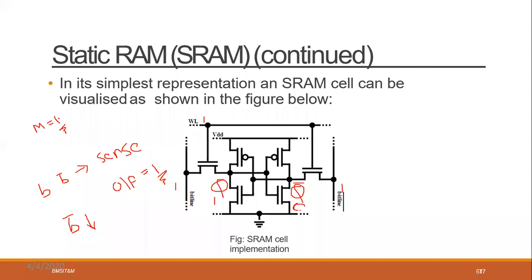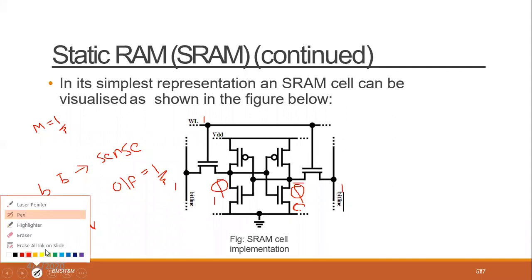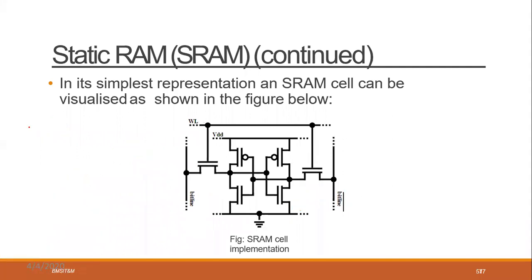Next, you analyze with respect to 0. In memory, logic 0 is there, and we want to access that value. Again, for that purpose, the word line should be 1 and both bit lines should be 1.